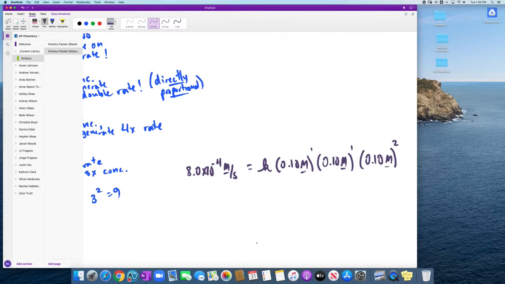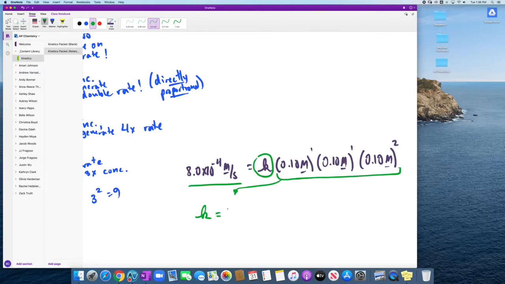Okay, so how can we solve for K? Divide both sides by all these values over here. And also take units into account. That's definitely important, I would say. So K, we're going to divide through and basically move all of this stuff into the denominator.